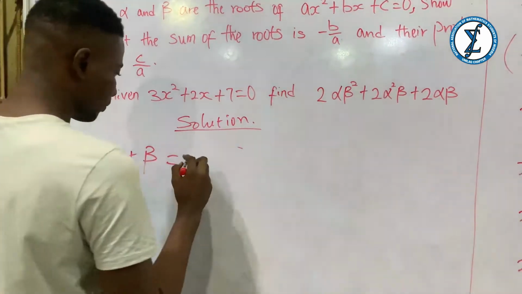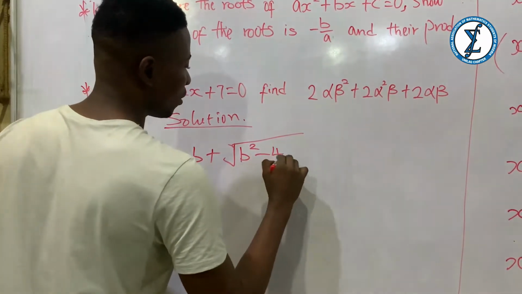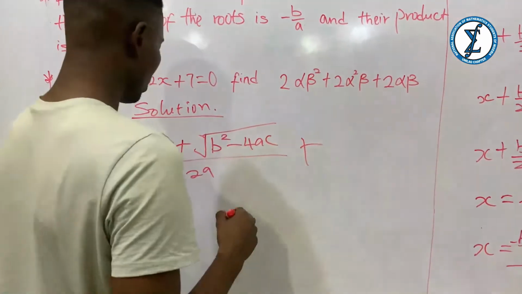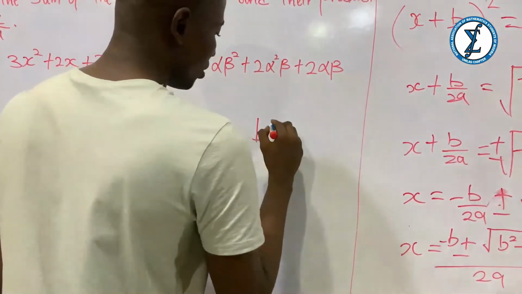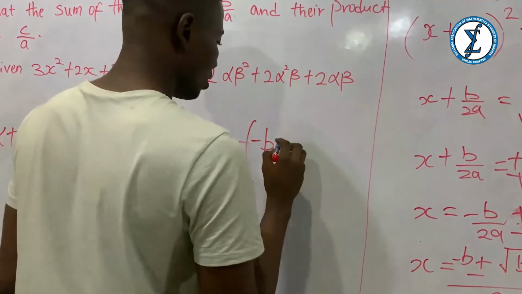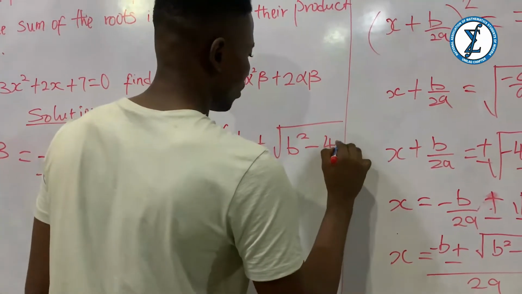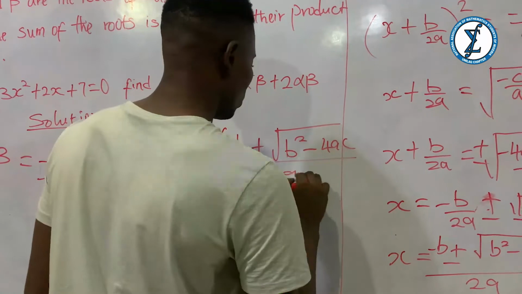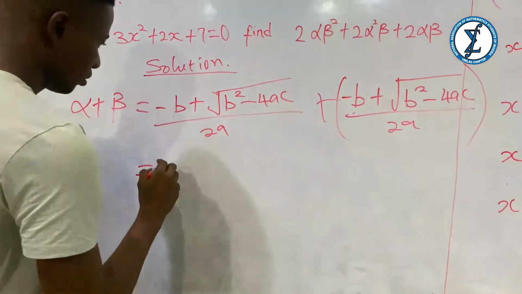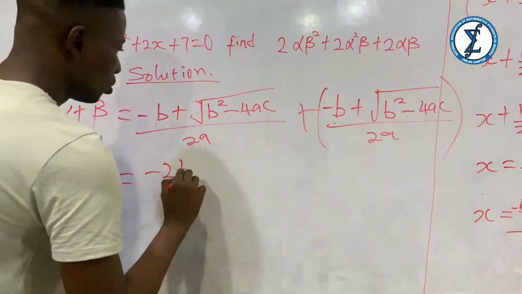That, which is minus b plus the square root of b squared minus 4ac all over 2a, plus minus b again, plus the square root of b squared minus 4ac all over 2a. So this gives me minus 2b.